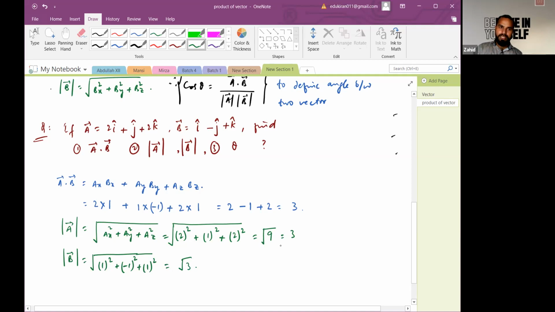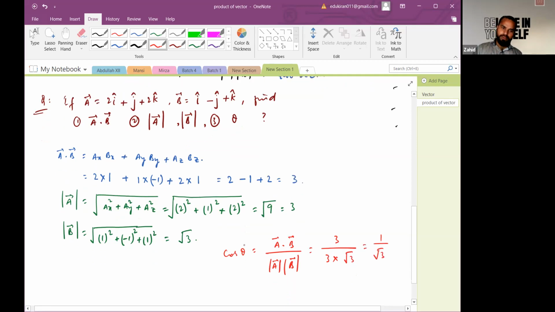Now put all these values in the above formula. So cos theta will be A dot B divided by mod of A times mod of B. As A dot B is 3, divided by mod of A which is 3, and mod of B which is root 3, it will be just 1 by root 3. If you want to calculate theta here, move this cos to the other side.